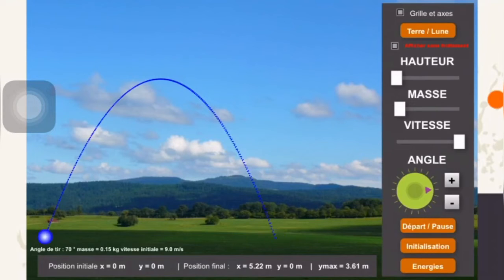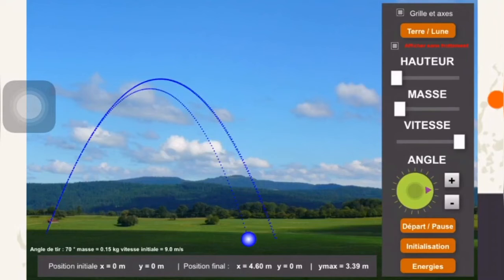If I play again, so when I decrease the mass of the projectile, you see the height it attains is lower than before, and the range it reaches is also less than that of before.